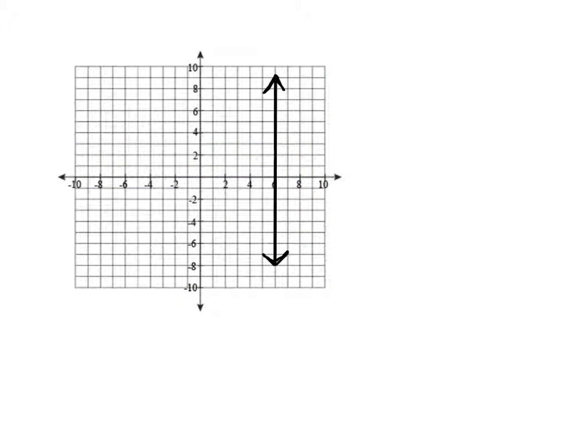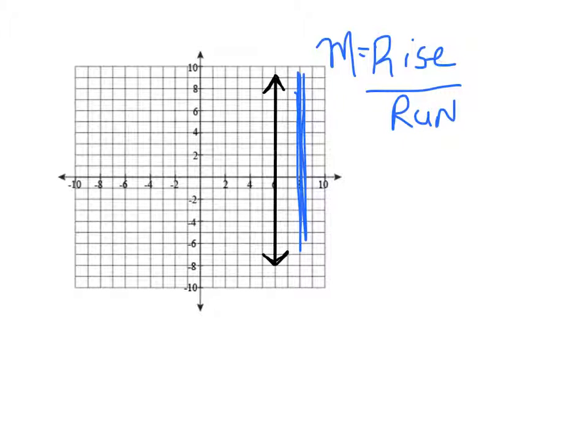Let's look at a vertical line, okay? So if I'm looking at rise over run as the slope, m equals rise over run. In this case, I have a whole bunch of rise going on. I don't have any run at all. It never leans over. It just always goes up or down. So in this case, I have no run, but I have lots of rise.